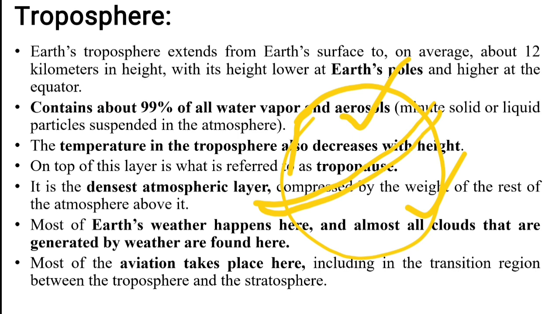And what is pole? This line is the equator. What is pole? Pole is either of 2 points, this is a pole and this is a pole, on Earth where its axis of rotation intersects. What is axis of rotation?